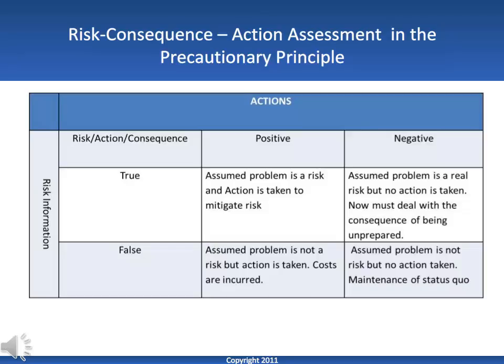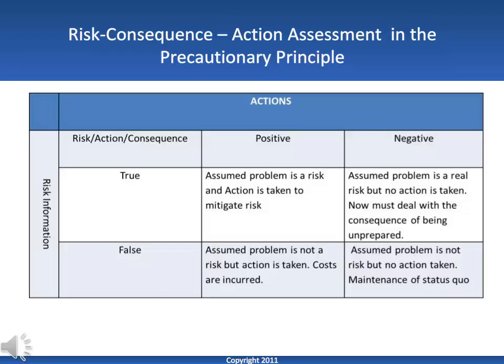The risk action consequence, or RAC, is based on two independent variables: a true-false risk based on information that is gathered, which you can see on the vertical axis, and the positive or negative actions that may be taken, which you can see on the horizontal axis.